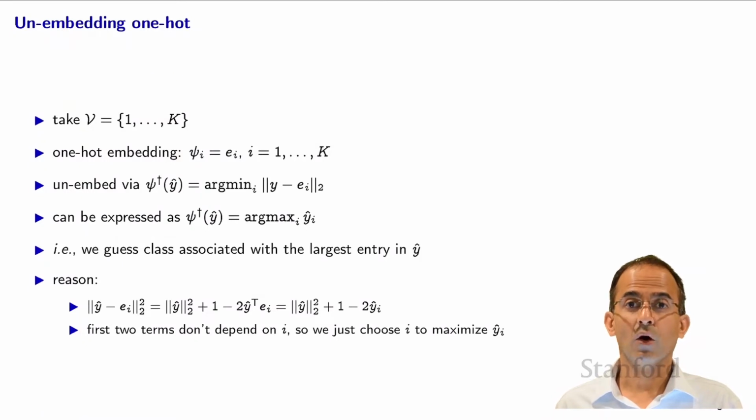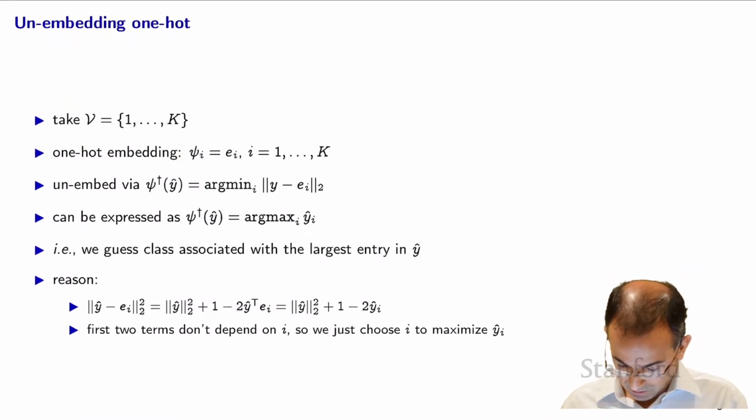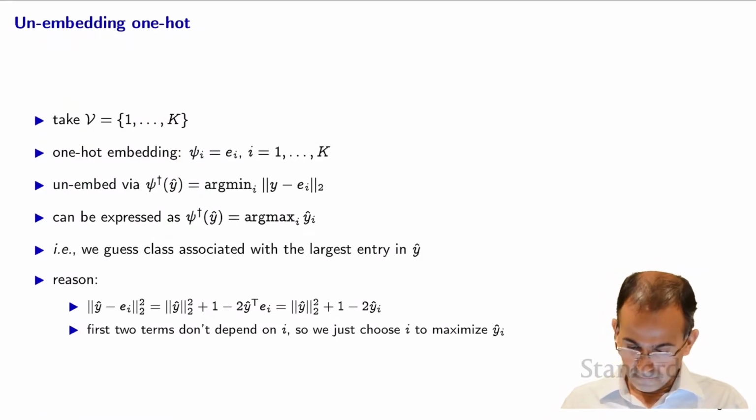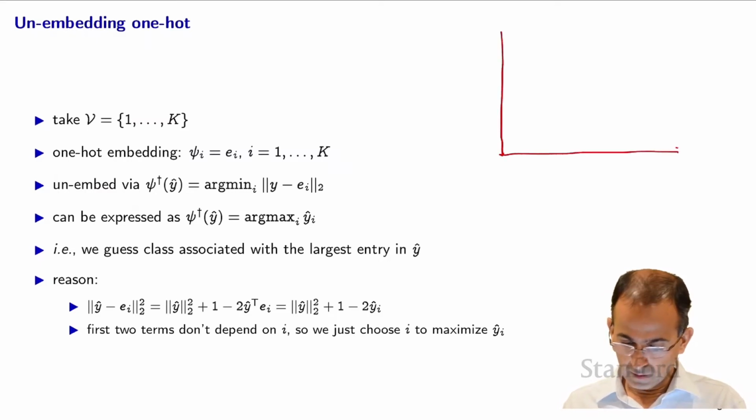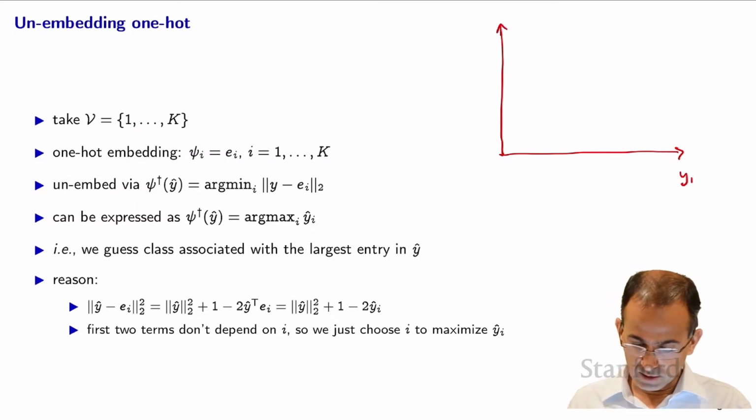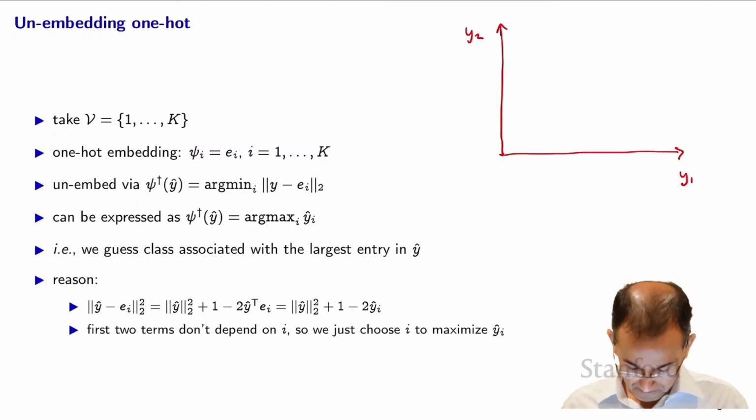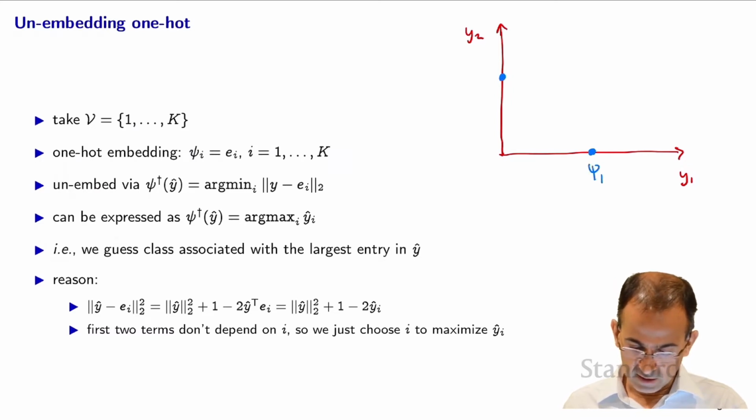Suppose we've got one hot. So let's look at the R2 case. So here we have y1, y2, two components of y. We have 1, 0 and 0, 1. This will be psi1 and this will be psi2.